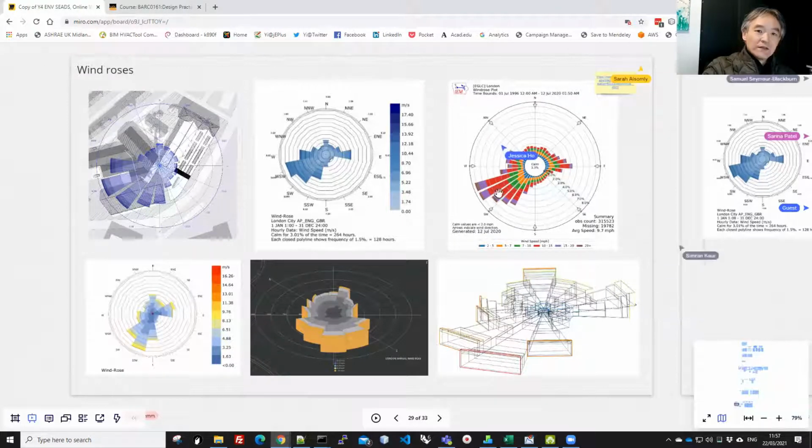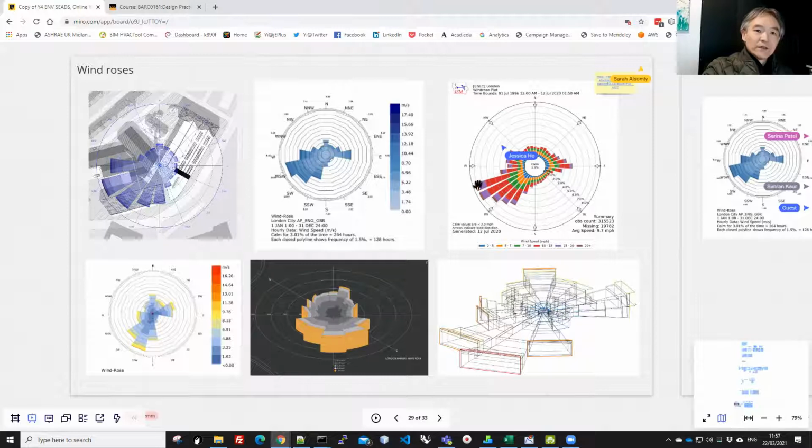The direction is obviously the wind direction, and then the length of the bars is the frequency, either in the form of number of hours, or a percentage point, right?